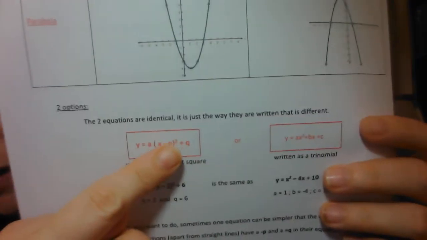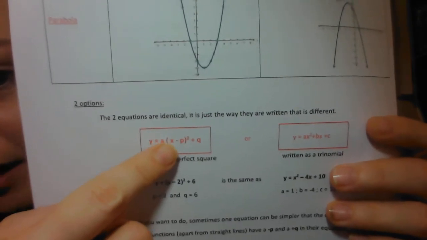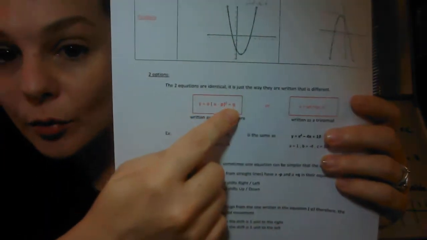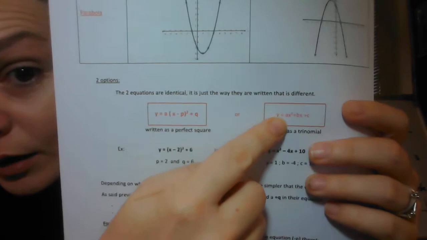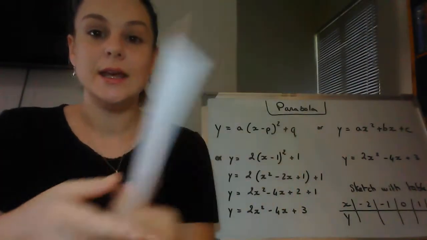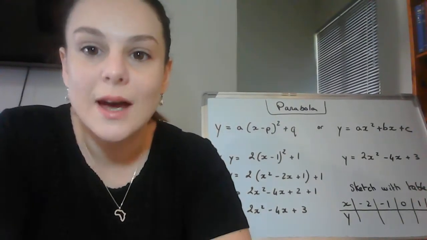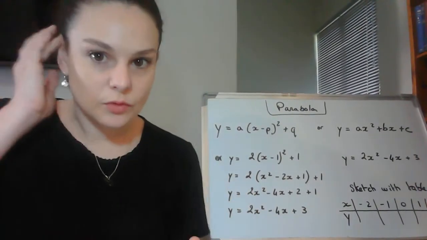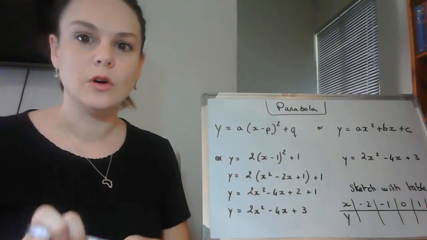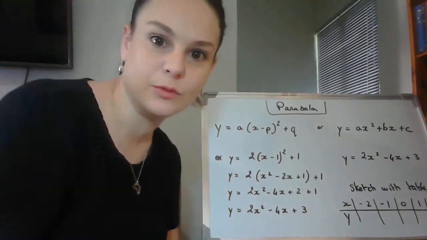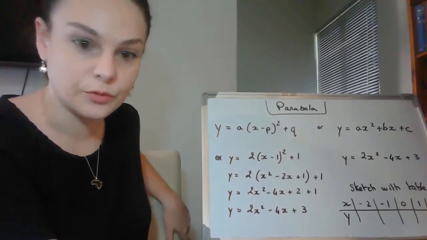So you can write it this way, as a bracket (x minus p) squared plus q, or y equals ax squared plus bx plus c. That is exactly the same thing, it's just a different way to write it. So I'm just going to show you that it is the same thing, so you don't wonder why sometimes we use one form and sometimes the other form.